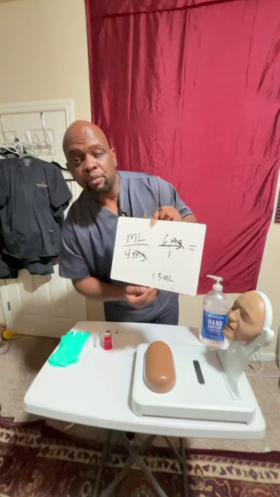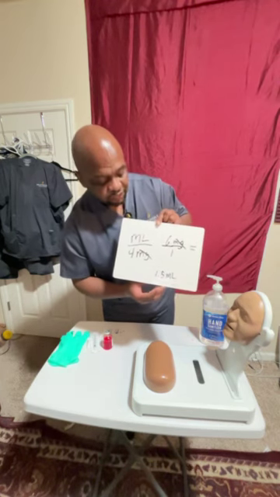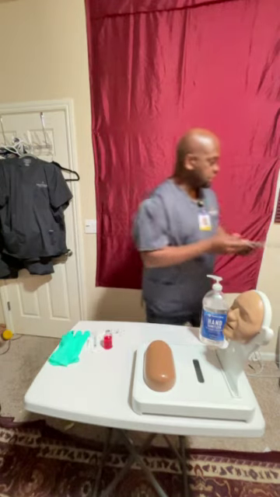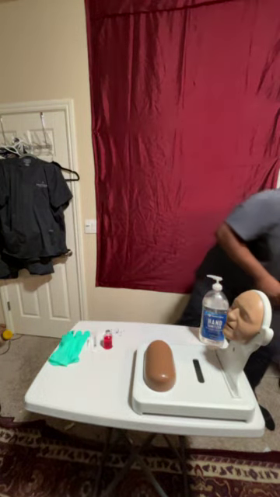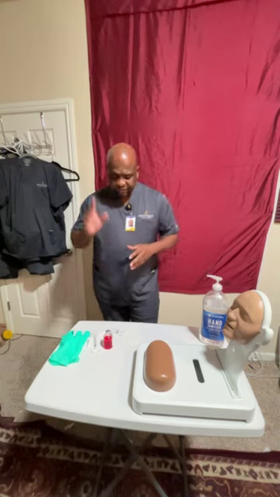The outcome is 1.5 milliliters, which is what I will administer. That is my dimensional analysis. The syringe I'm going to be using for this skill is a 22 gauge, 1.0 needle with a 3 ml syringe.